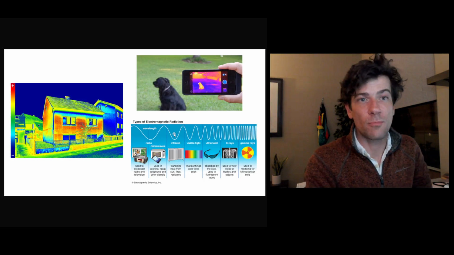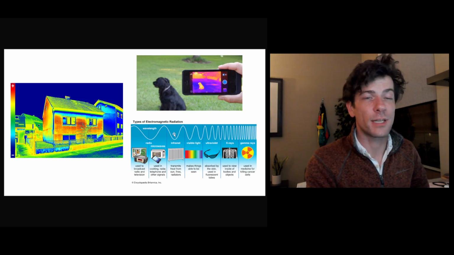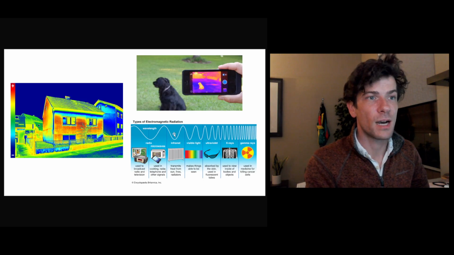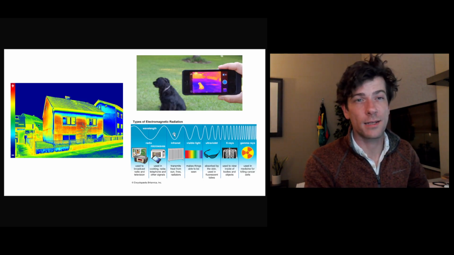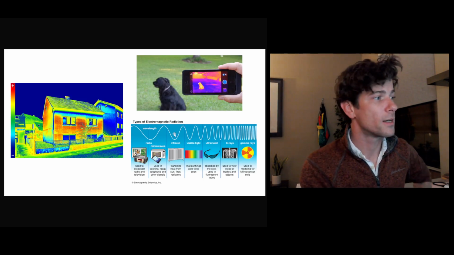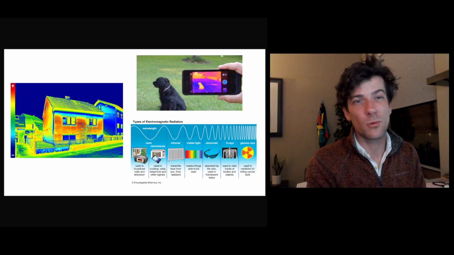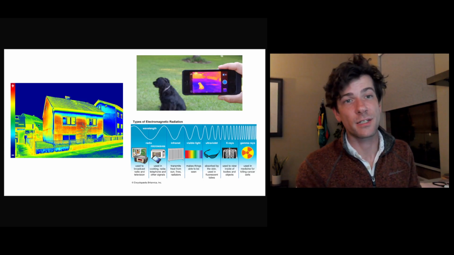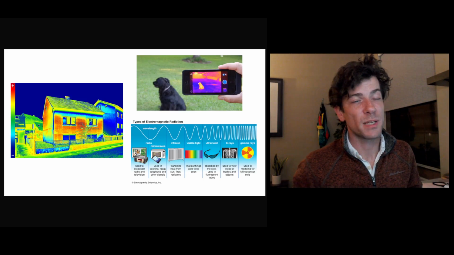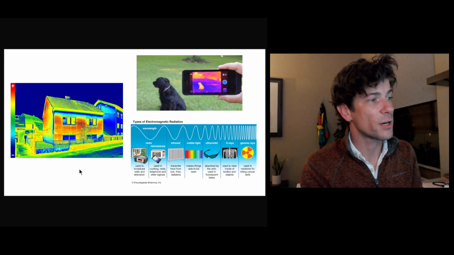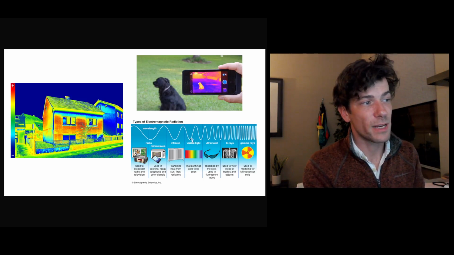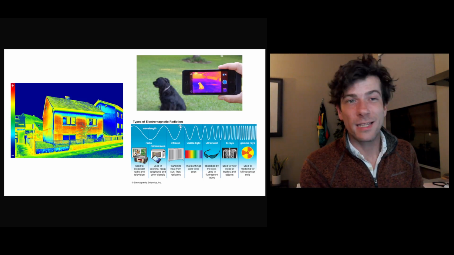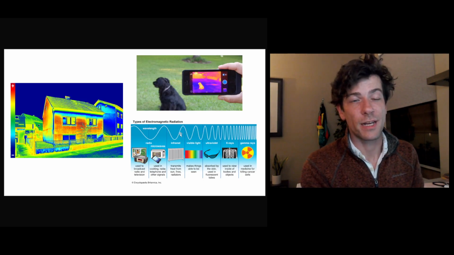The Earth, or materials around us, generally emit infrared radiation, whereas the sun, because it's so hot, emits mostly visible light, right? And so we went from here into the global energy balance, but the really critical thing to remember here is that the sun is emitting visible light, and the Earth is emitting infrared radiation.